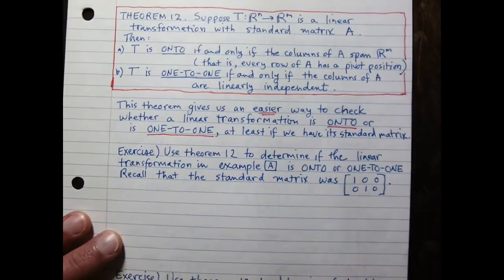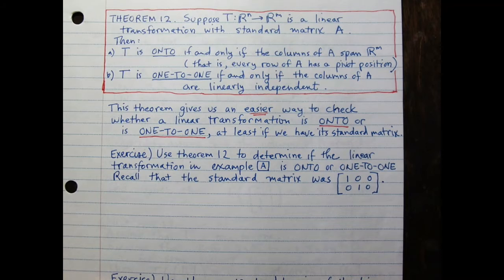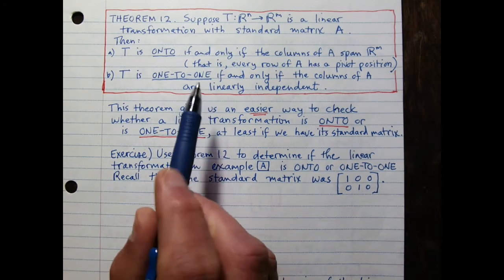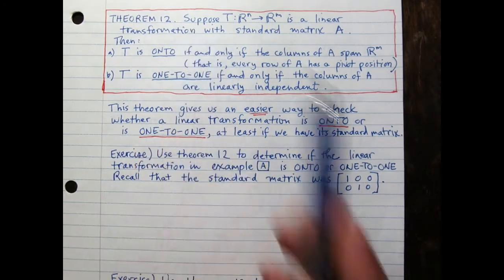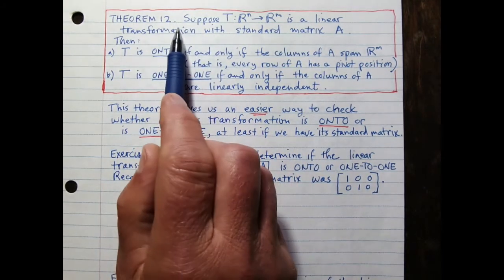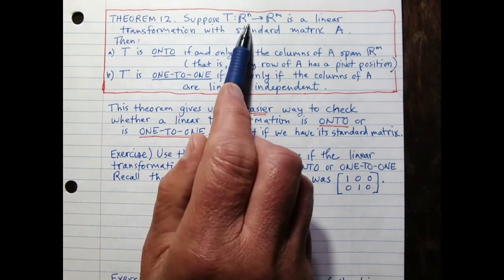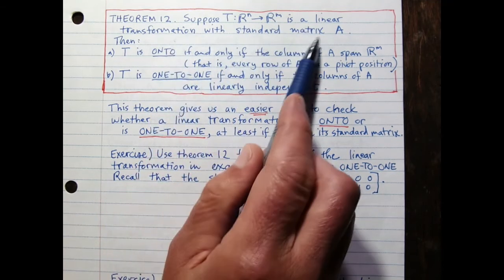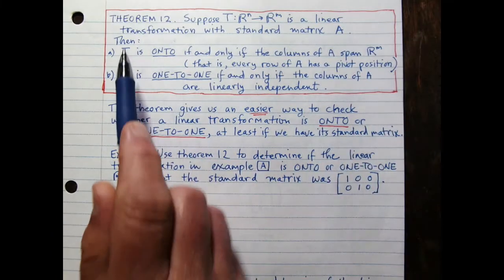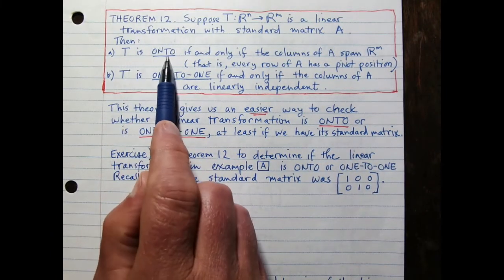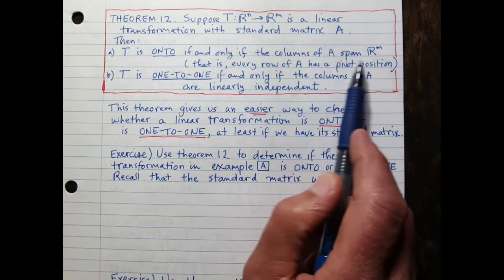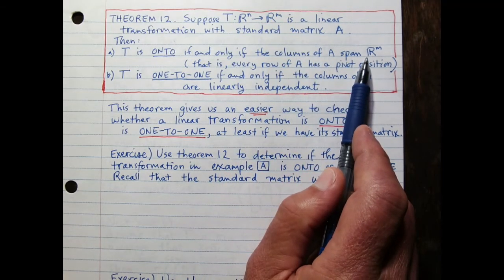Theorem 12, we're going to apply in an exercise, as soon as we read the theorem. Theorem 12: suppose T from Rn to Rm is a linear transformation with standard matrix A. Then T is onto if and only if the columns of A span Rm.